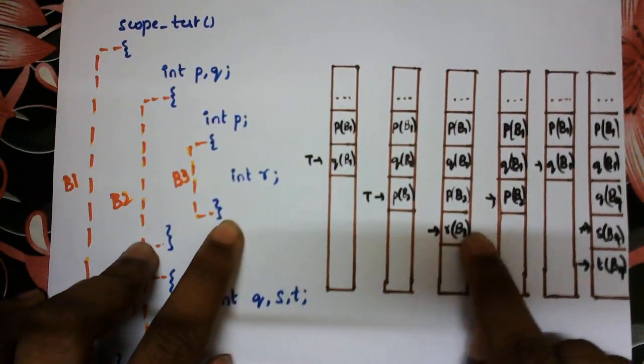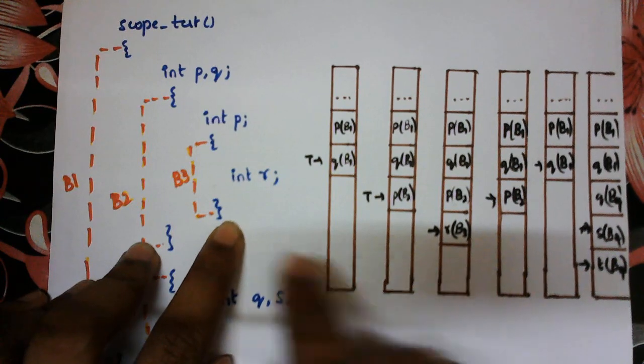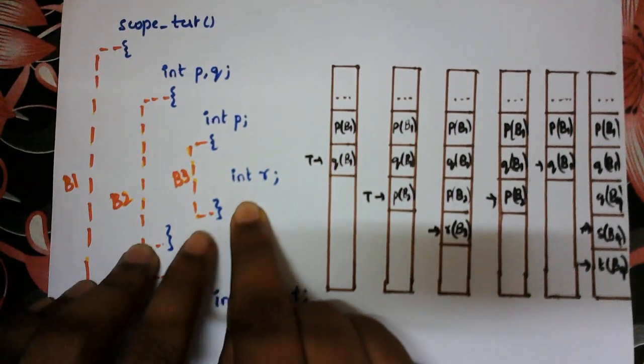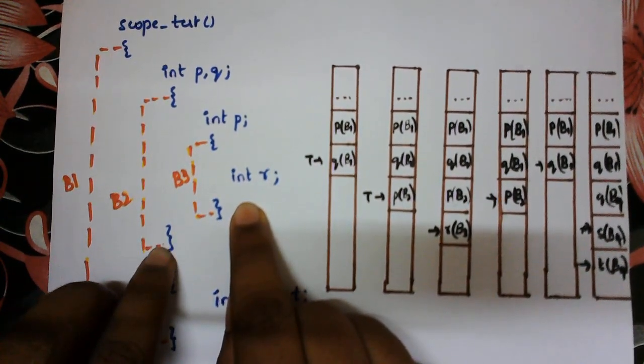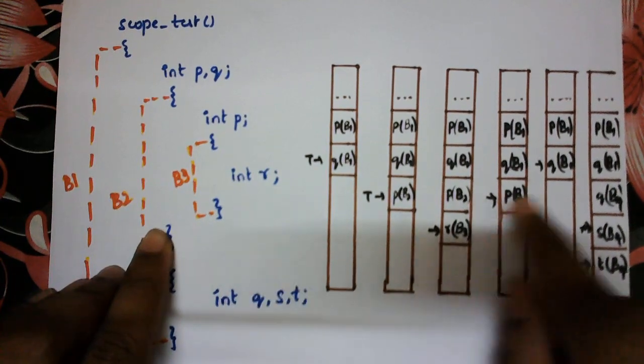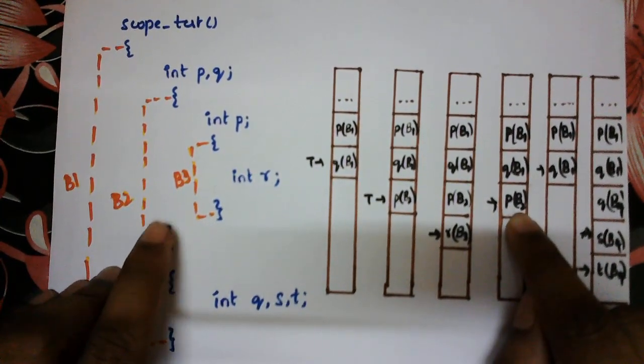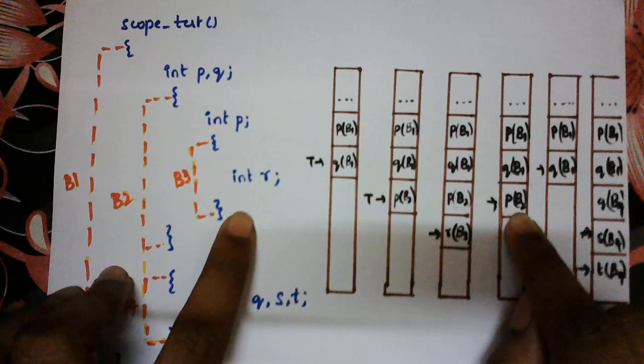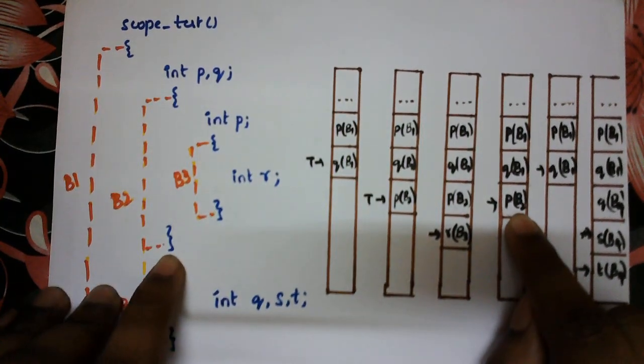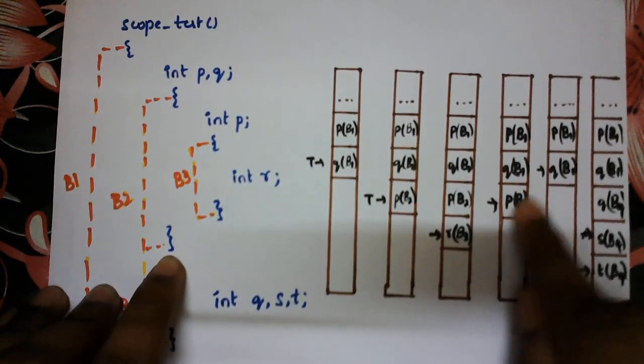Now we will remove R of B3 from the stack so that when we are here, before the closing brace of block 2, we can access P of B2. And when we close block 2, we will remove this P of B2 from the stack.